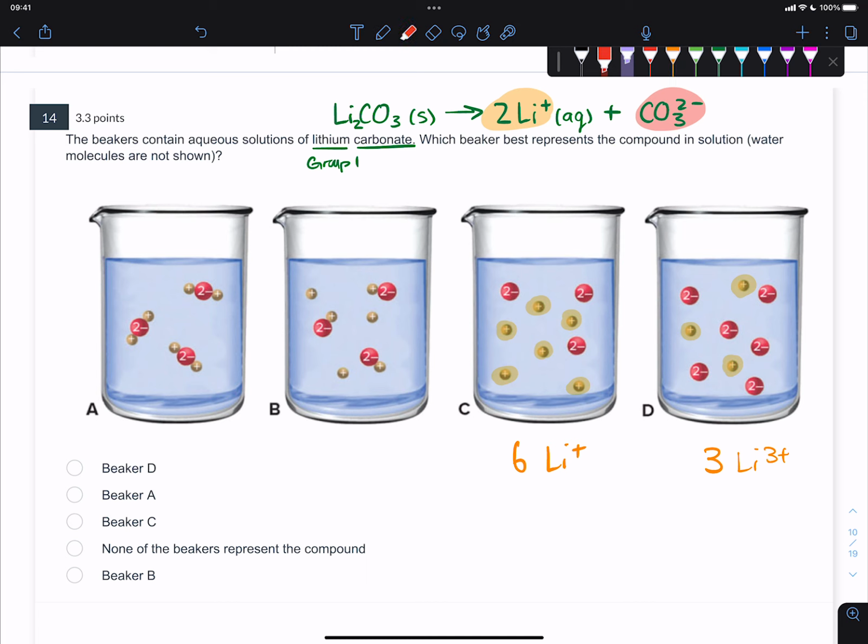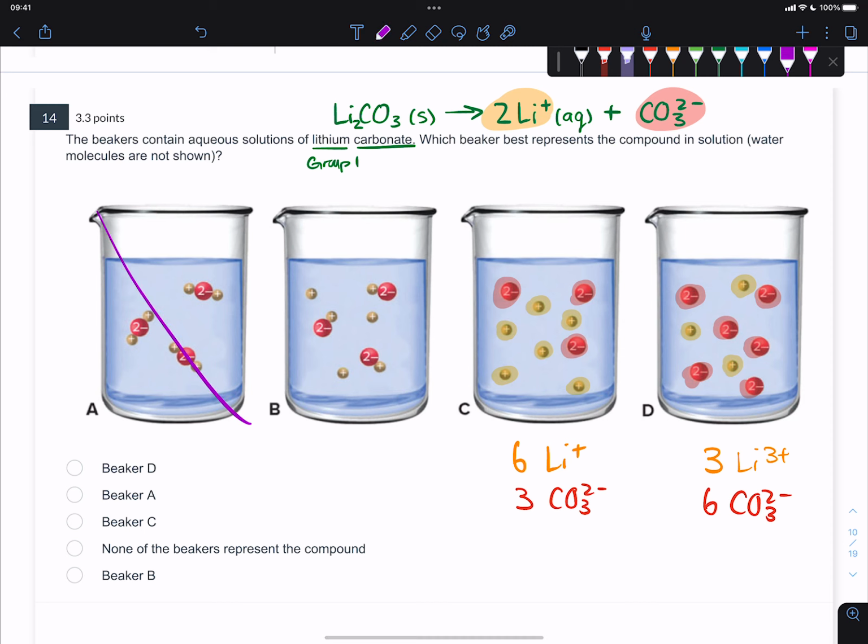In C, you have 1, 2, 3 carbonate ions. So 3 CO3 2 minuses. And then on the other side, you have way too many. So looking at here, you have 1, 2, 3, 4, 5, 6. So it's really just about counting up and looking at your ratios. 6 carbonate ions over here. Which one of these looks correct?